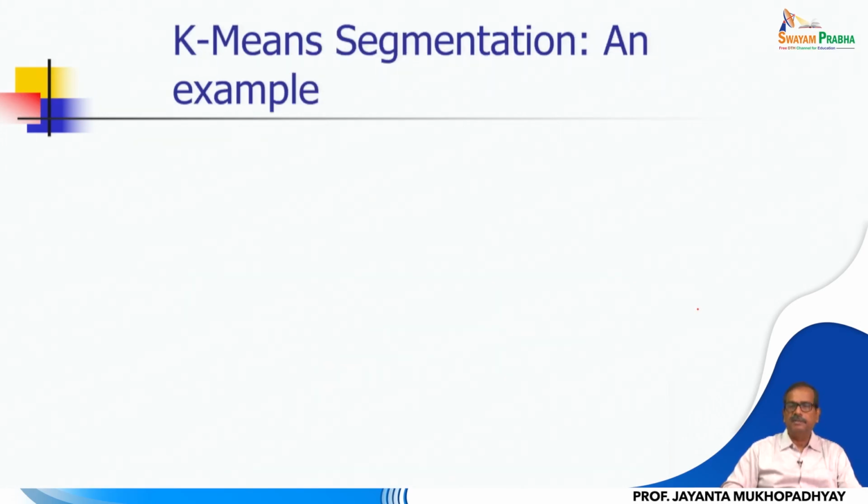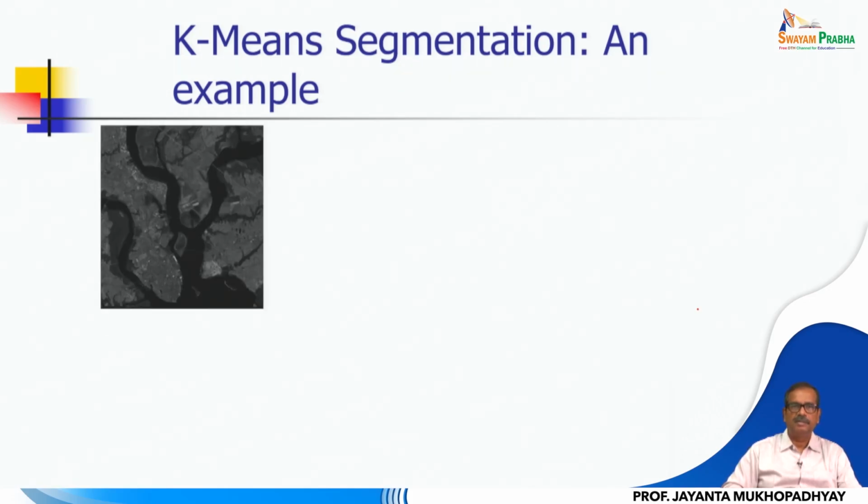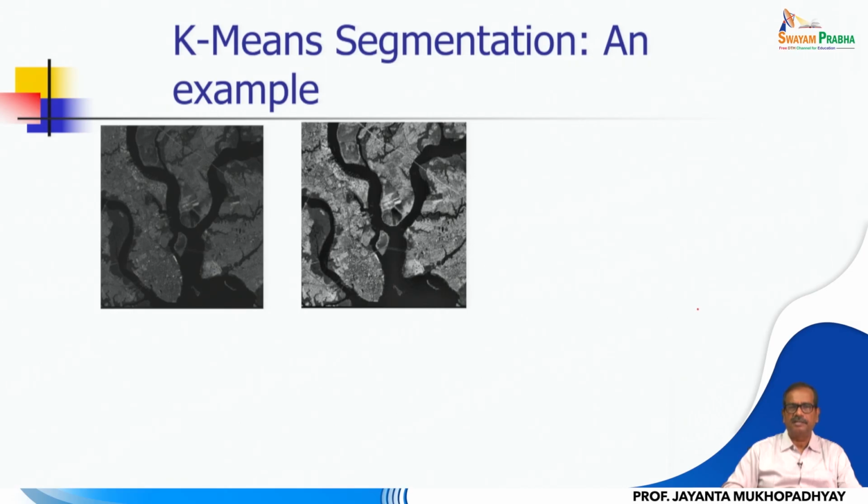Here is an example with the same image we used in the previous Gaussian mixture model example. This is the original image, and as I mentioned earlier, to make the modes of the histogram distinct, we do contrast stretching by pixel mapping.